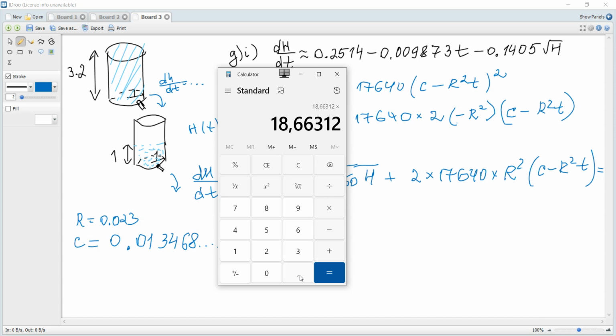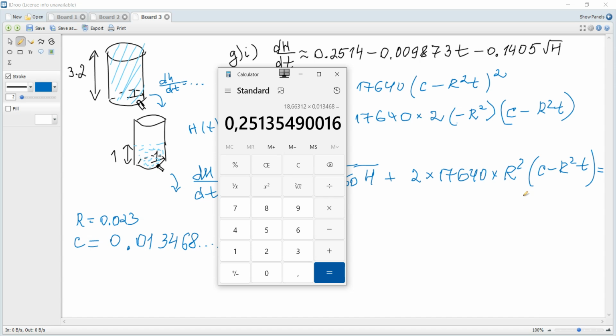C is 0.013468700, and you can see that it's the same. And it's positive as required, 25.13.14 if you round it, so correct.